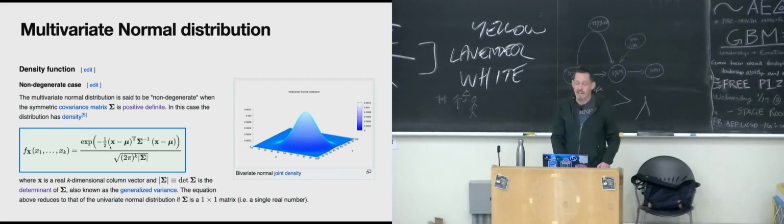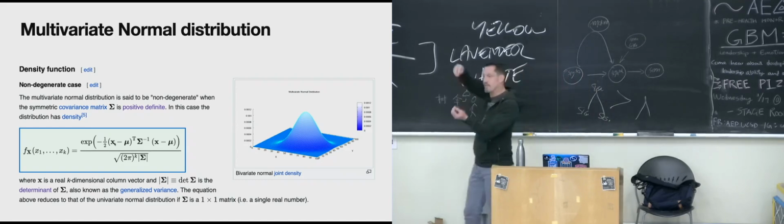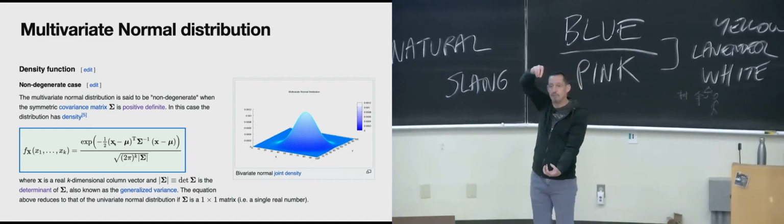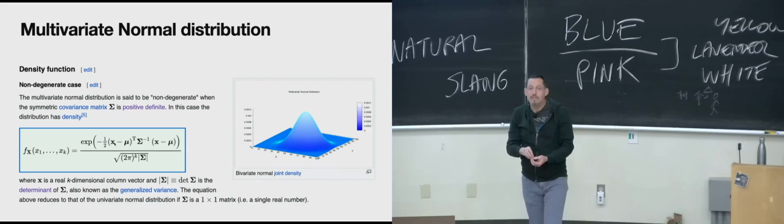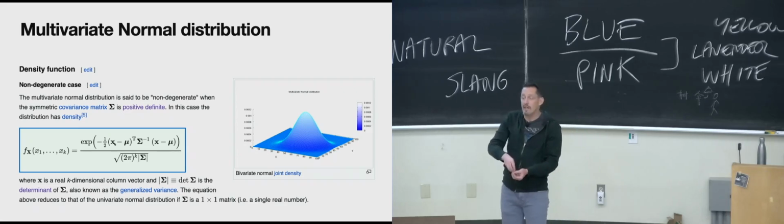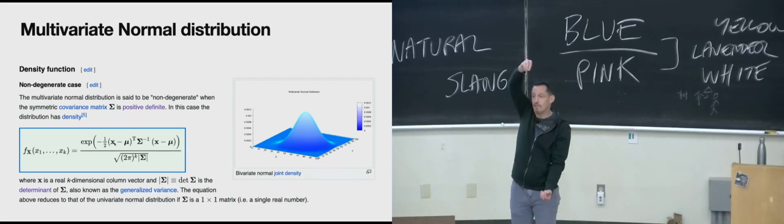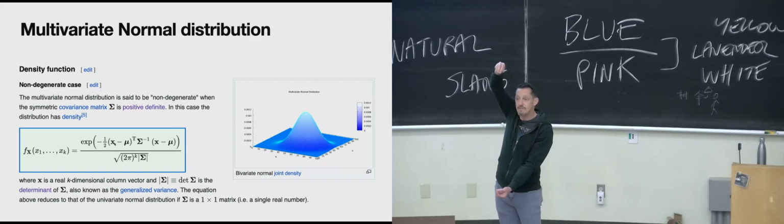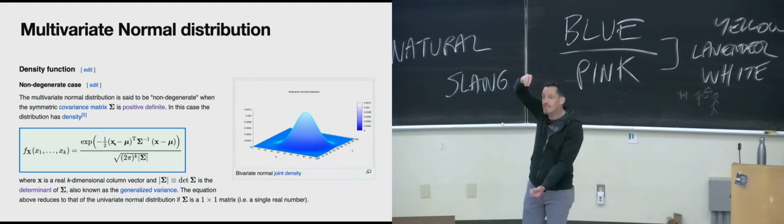We replace the x that was a single x with a column vector. And each one of the rows in the column vector is one of our variables. Our mu, our mean, is now the same size as x. So if it's an n-dimensional data set, we have n means in a column vector. Well, if we have n means, we got to have at least n standard deviations.